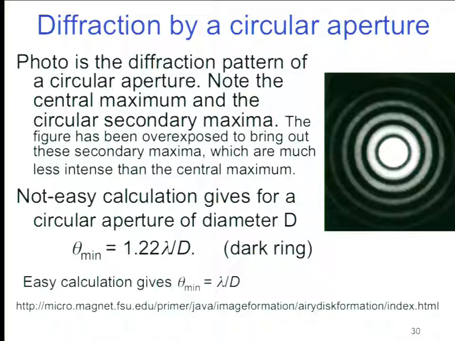So you get a minimum over here, or a dark spot, when this is the whole aperture. It's the whole aperture, and it's A over 2 sine theta that is the extra path.